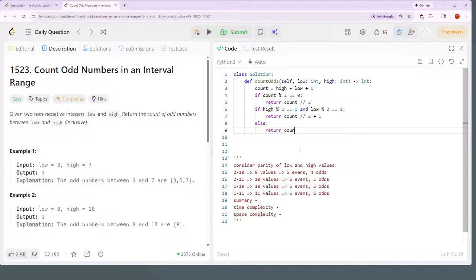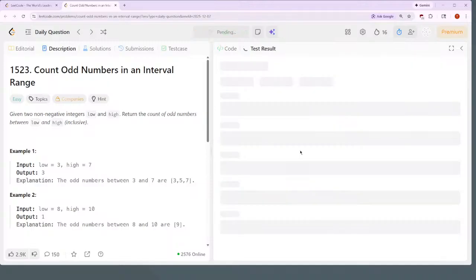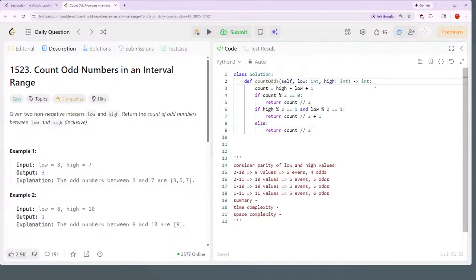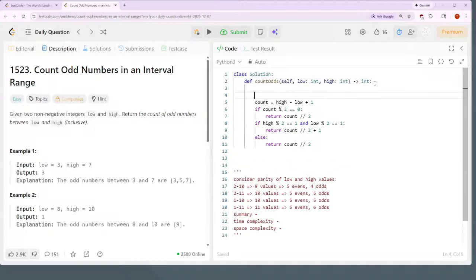Else return count divided by 2. So this should work for most things, but this would be the most simplified version I can think of.